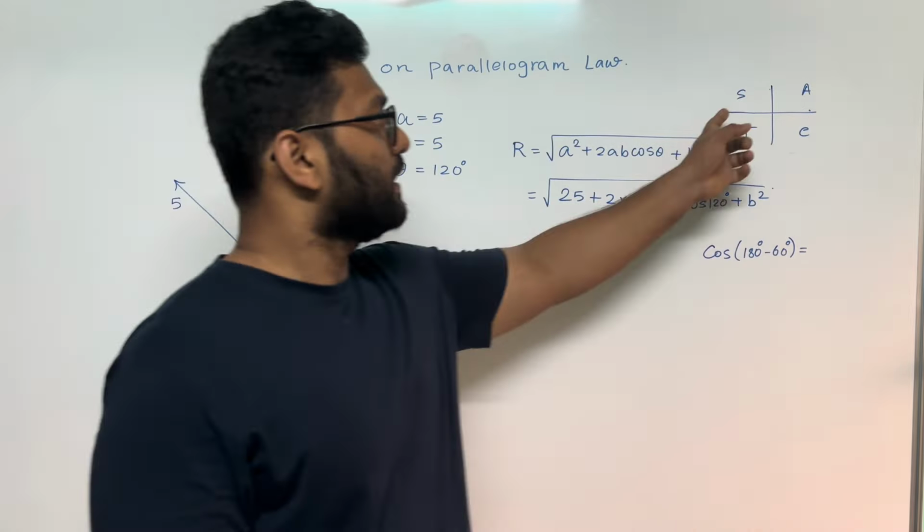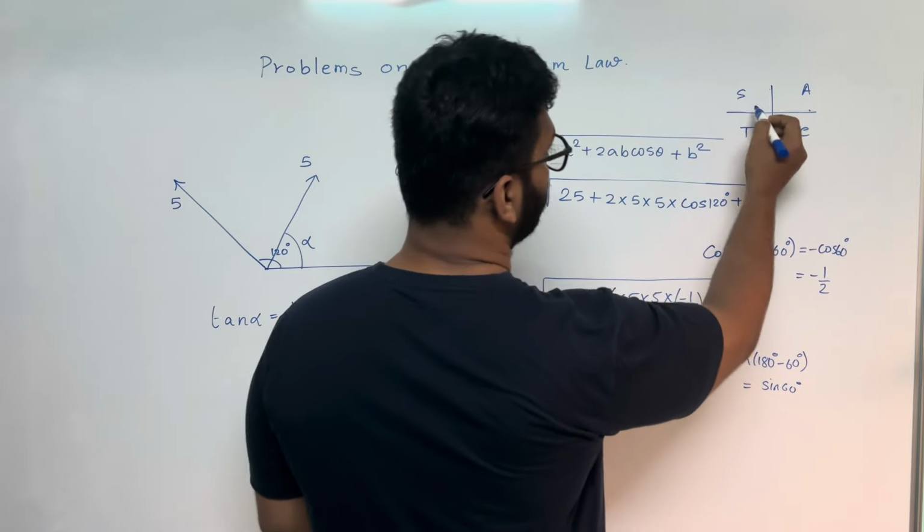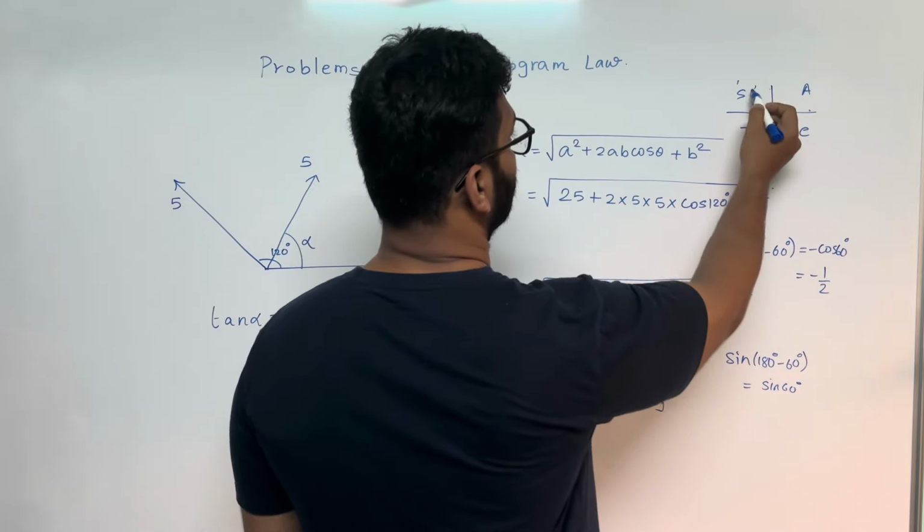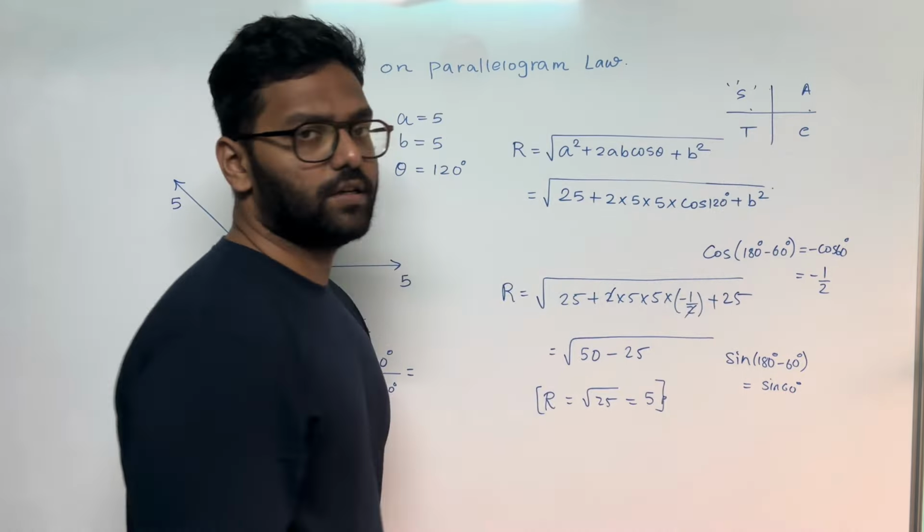Now what is sine 120 degree? Sine 120 degree is sine of 180 minus 60 degree, which is nothing but sine of 60 degree. Why? Because 180 minus 60 is in this quadrant, where sine and cosec are both positive.